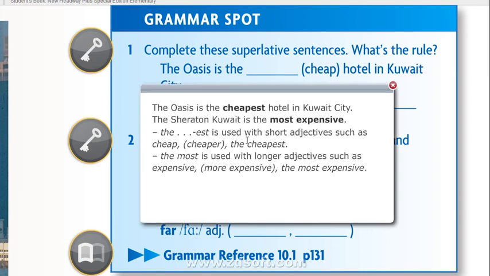So we say the Oasis is the cheapest hotel in Kuwait City. There is no other hotel that is as cheap as the Oasis, so we compare the hotel Oasis with the rest of the hotels in Kuwait City. This is how we use superlative.